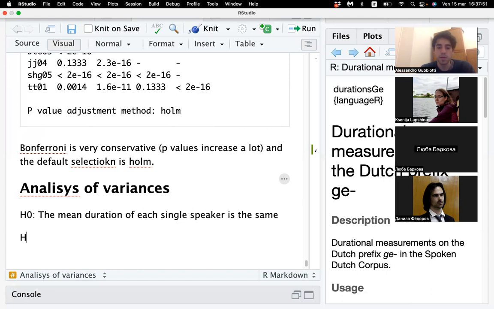The alternative will be that there exists at least a pair whose mean word durations differ.